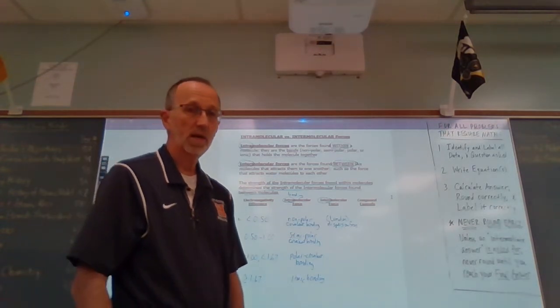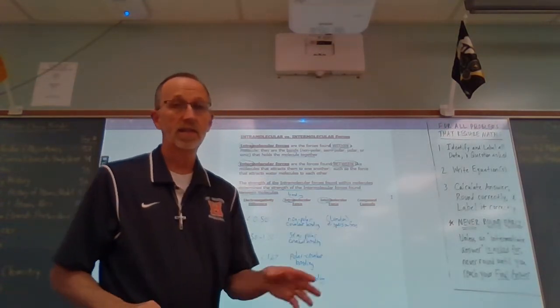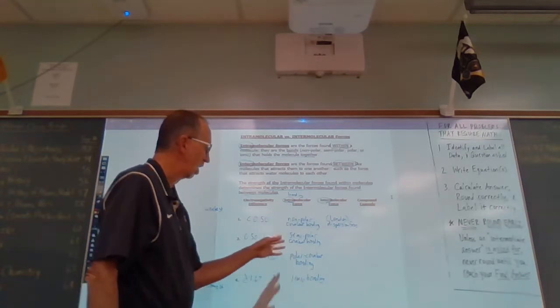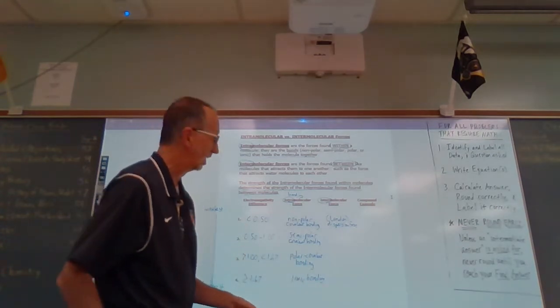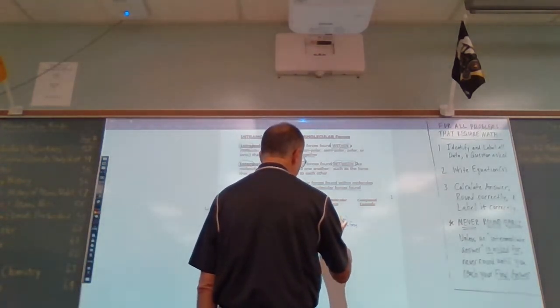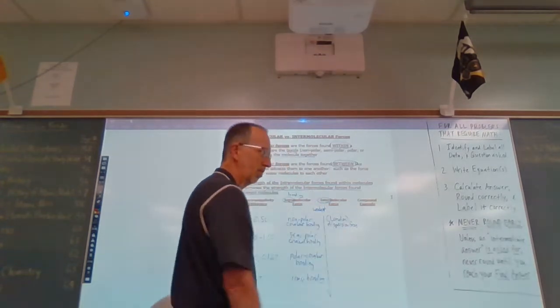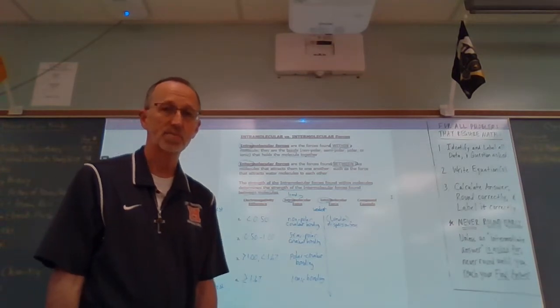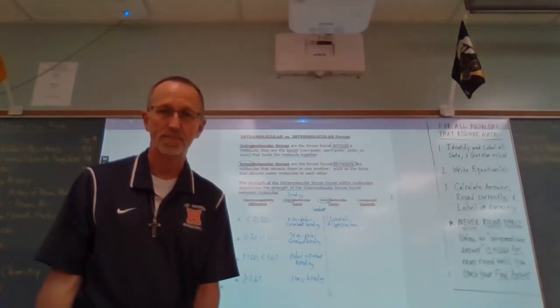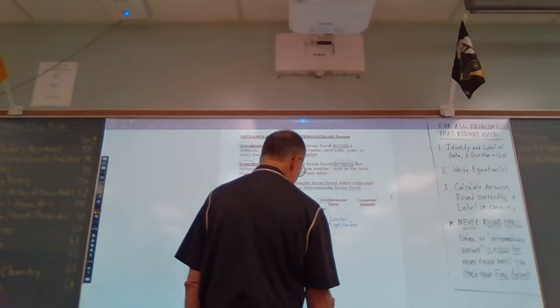So an example here, and this pattern of weak to strong is the same here, exactly the same. London dispersion forces are the weakest type of intermolecular force because they exist between molecules that have the weakest type of bonding, all right? This is the strongest down here.